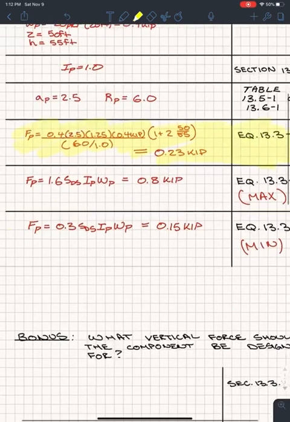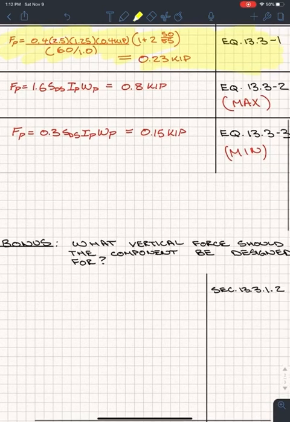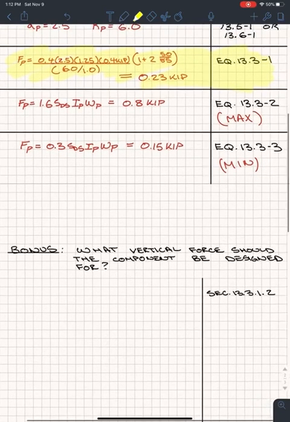All right. Bonus question time. What vertical force should the component be designed for?